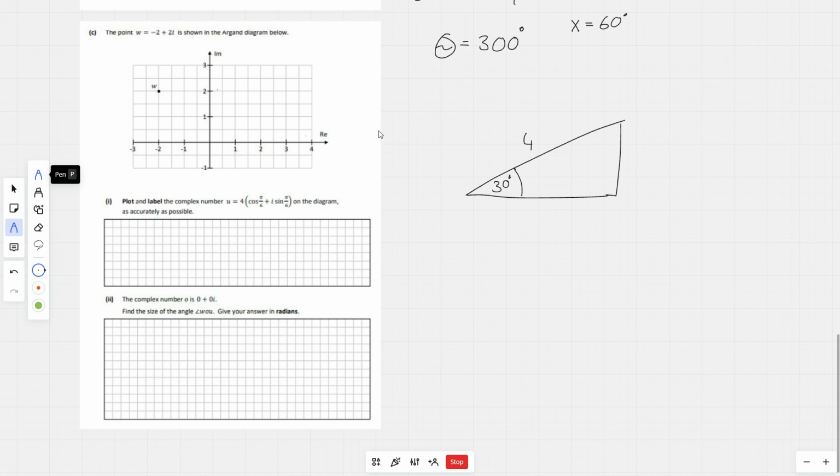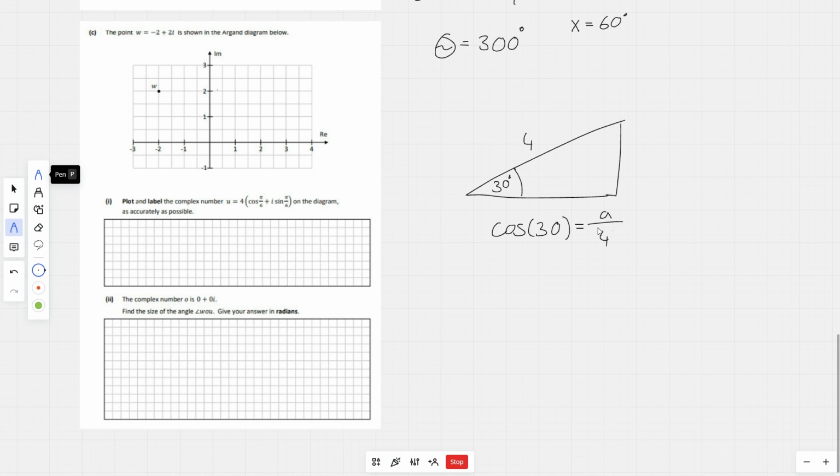So real and imaginary. First I'm going to find the bottom here, the adjacent. In order to do that, I will need to use cos, so we'll use cos 30 is equal to adjacent, which we don't have yet, over hypotenuse, which is 4.